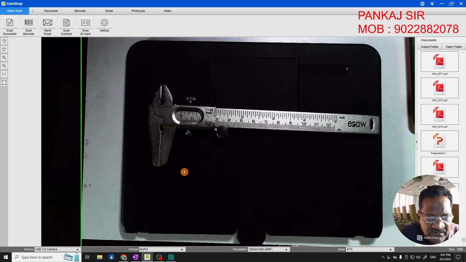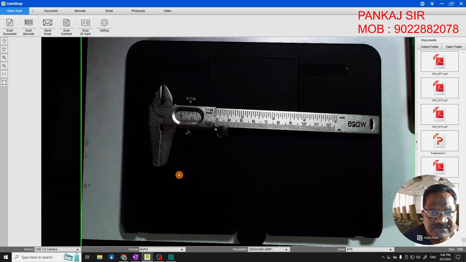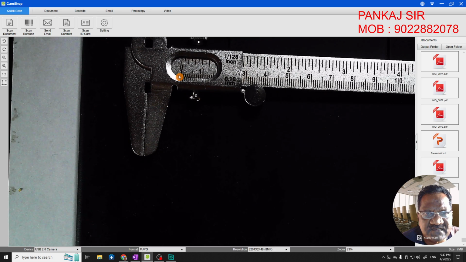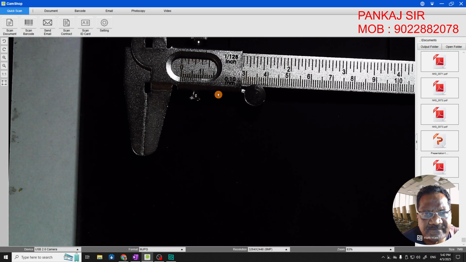I'll zoom in. Now when I zoom in, you can see that the zero of the Vernier and the zero of the main scale are both exactly coinciding. They are in the same straight line. So this is a situation where you can say that the zero error is nil.